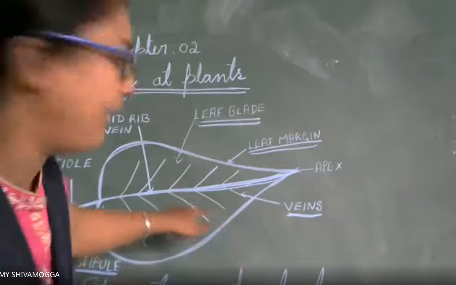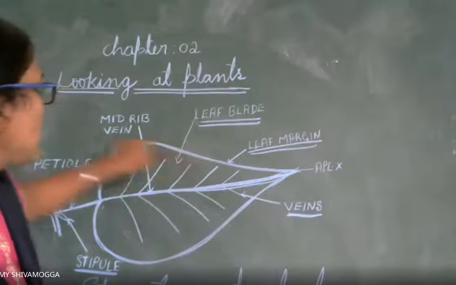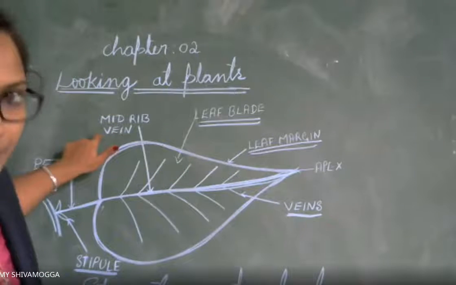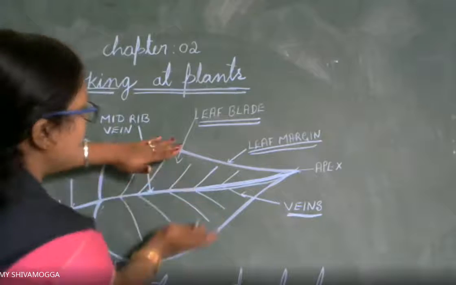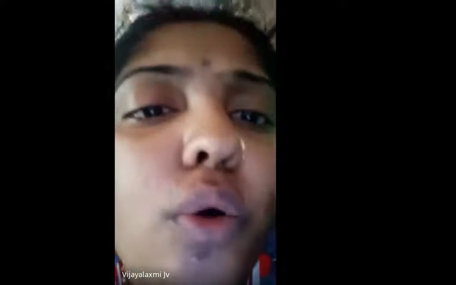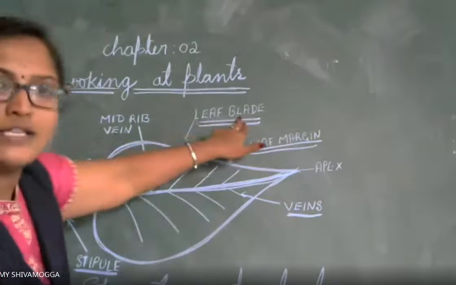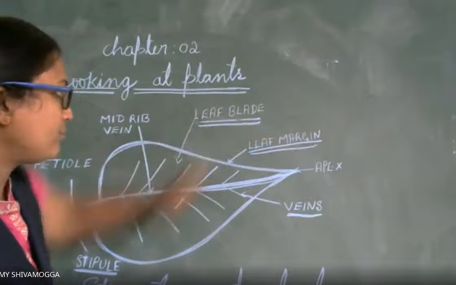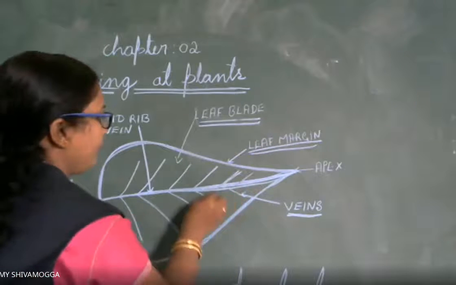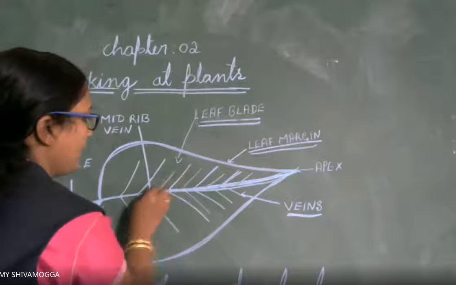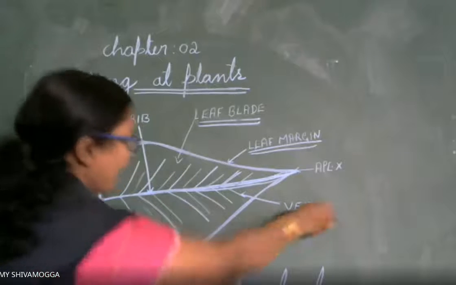The mid-thick vein is called midrib vein. The complete widest part of a leaf is called leaf blade. The network of veins is called veins here.